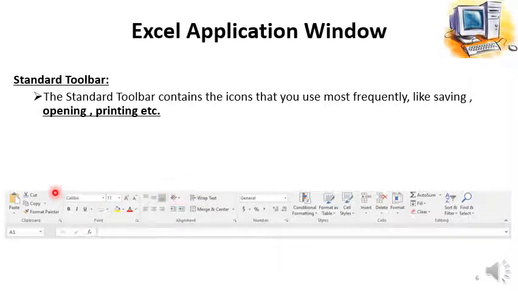Most commonly used options are there: cut, copy, paste commands are there, bold, italic, underline, and font style, font color, font size, highlight. All these different types of text alignment, all these options are available in the standard toolbar.